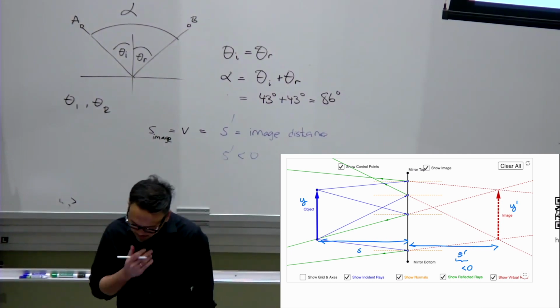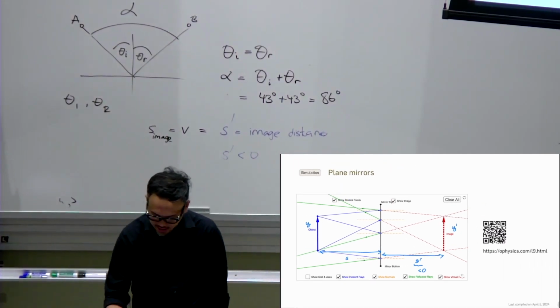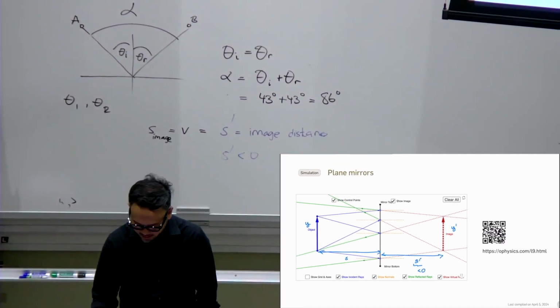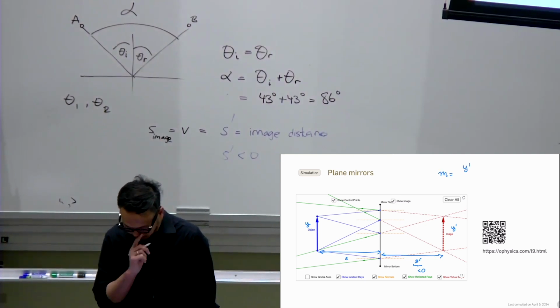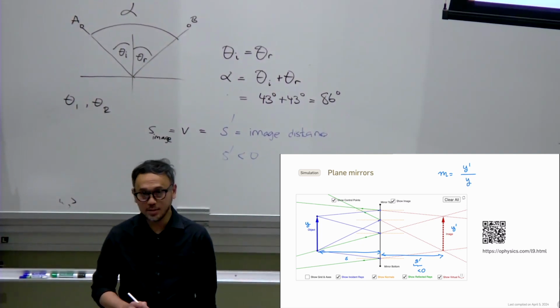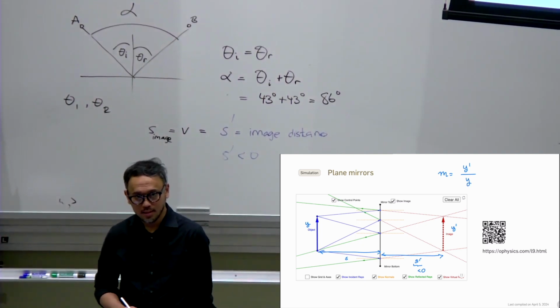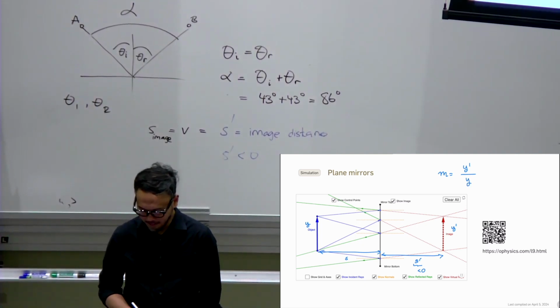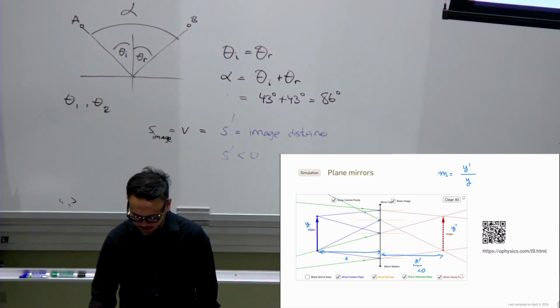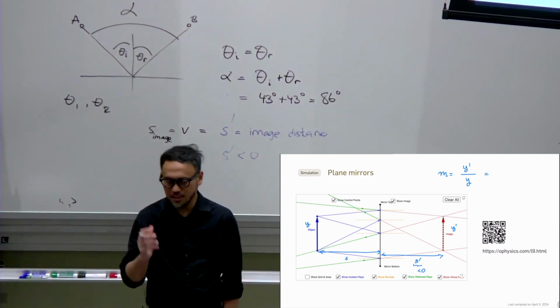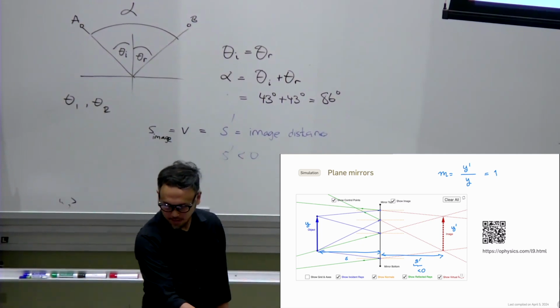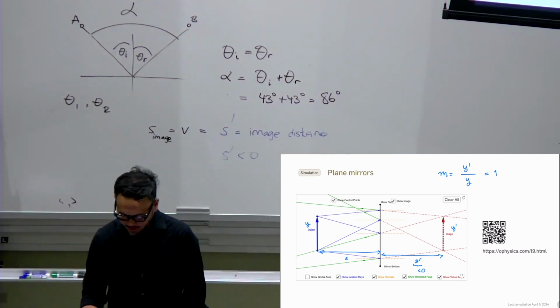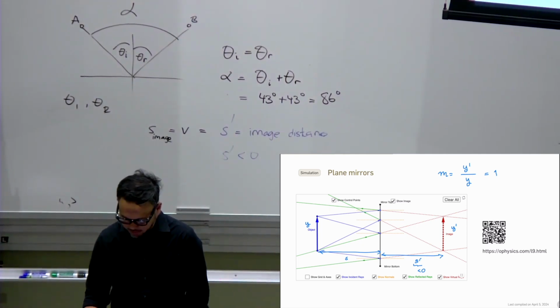Okay. Anything else? So what is the magnification? Magnification is defined, because of geometry, as y prime divided by y. What is the magnification here? It's 1. So there is no magnification in a plane mirror. Magnification is also defined as minus s prime divided by s.